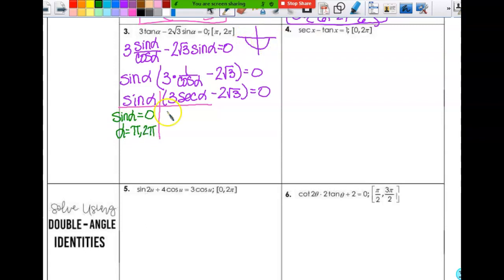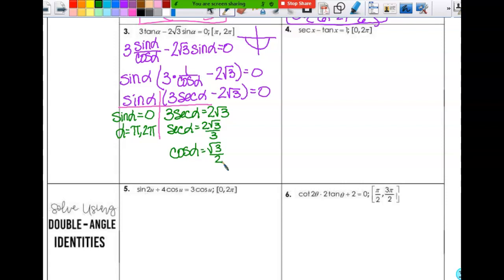Then here, 3 secant alpha equals 2 square root of 3. So secant alpha equals 2 square root of 3 over 3. Instead of secant, I'd rather think about that as cosine. So that'll give me cosine alpha equals the square root of 3 over 2.